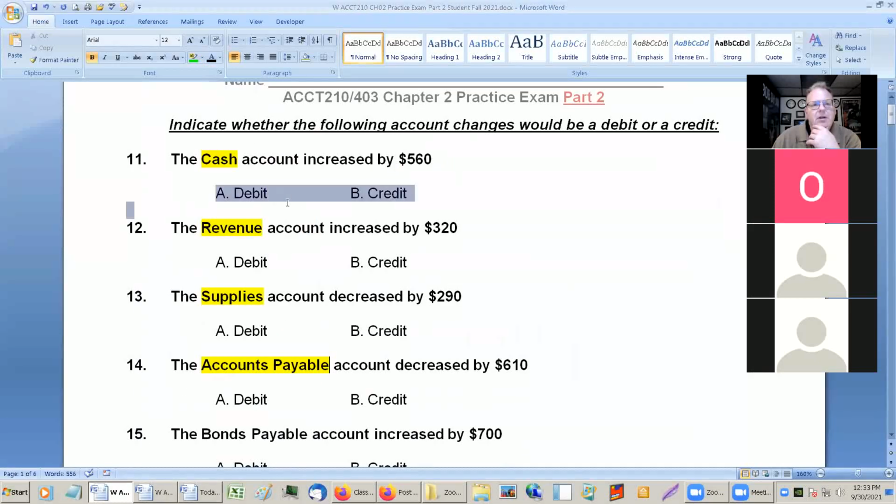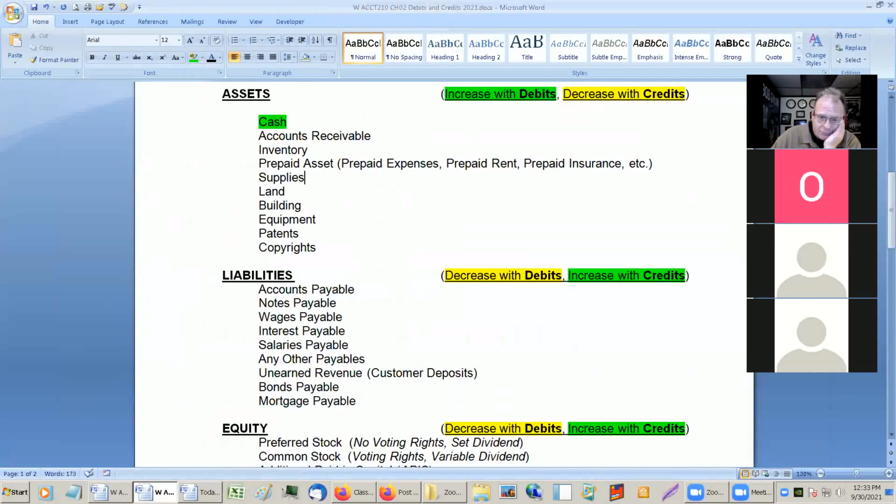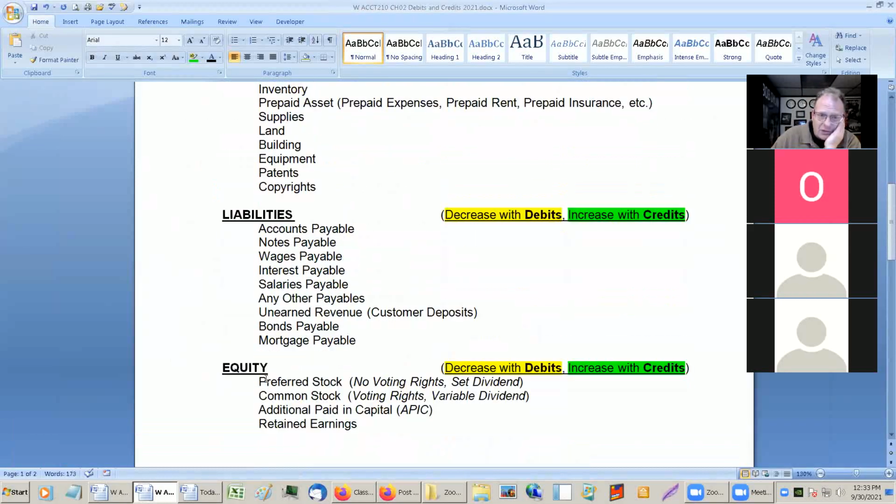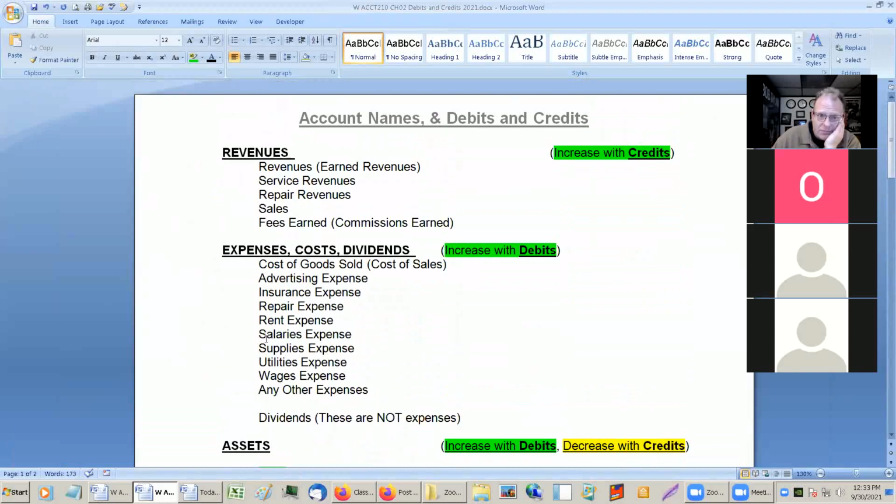All right, so this would be a debit. Revenue account increased. Debit. Let's see, revenue. Credit. Revenues are always credit.